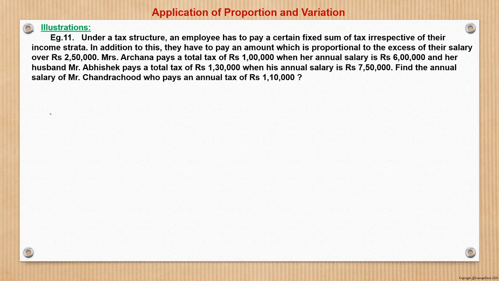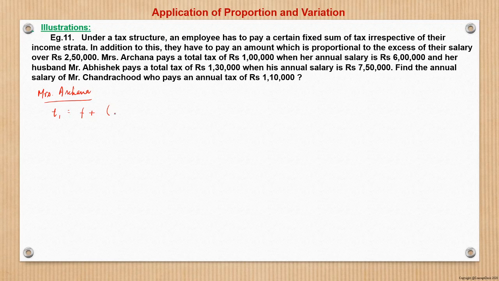So let us see what happens. Let us analyze the case of Mrs. Archana. It is said that the tax structure is T, some fixed part plus an amount which is proportional to the excess of their salary over 2,50,000.